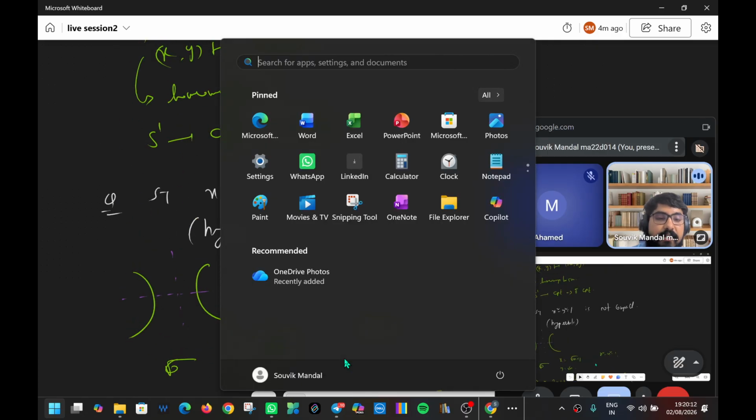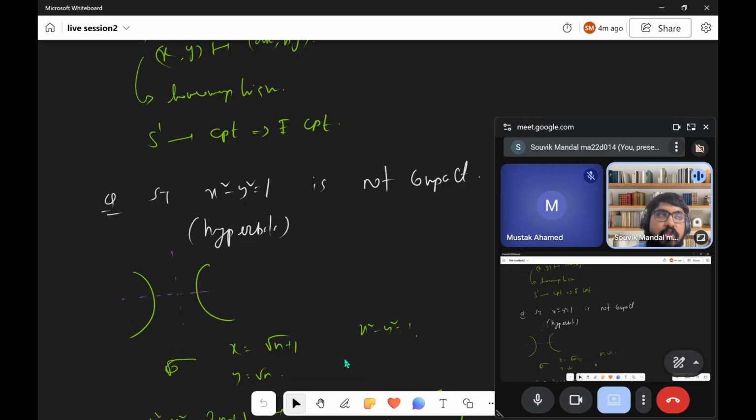So is the argument clear? Basically, we construct a point, root over n plus 1 comma root over n, which is a point in the hyperbola, which has norm going to infinity as n goes to infinity, right?